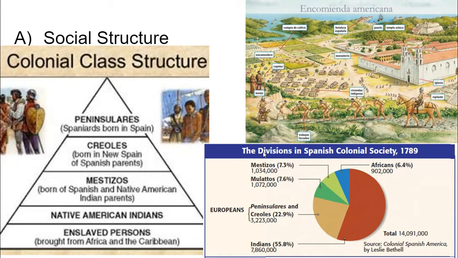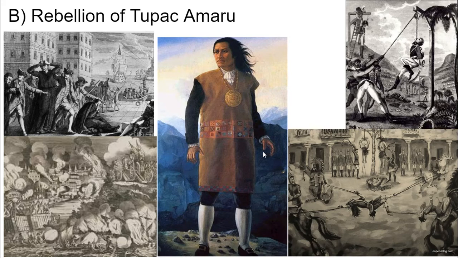And so, whereas the Creoles used to be loyal to the Spanish crown, now at this point they're starting to become much more seditious, and many of them are thinking, why are we dealing with this system where we're locked out of power and Spain is restricting our trade? If we were independent, we could be making much more money and we could be running our own affairs. So now all the groups who are not Peninsulares are unhappy with the system.